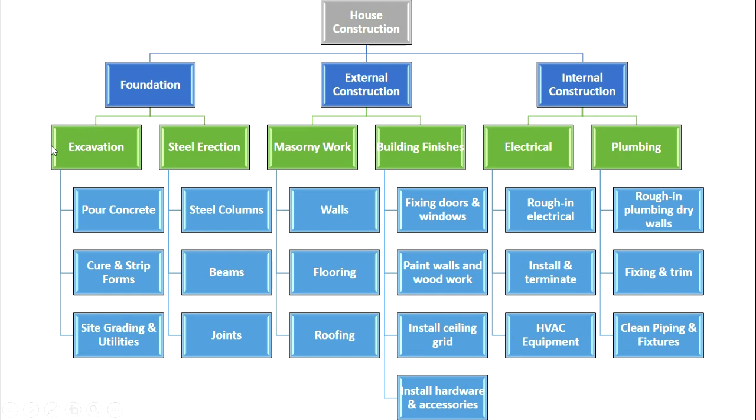At the layer lower, there are products that build those deliverables: excavation, steel erection, masonry work, building finishes, electrical and plumbing. And each of those products are built from sub-products or activities to create a product. And this work breakdown structure, that is what we are going to enter.